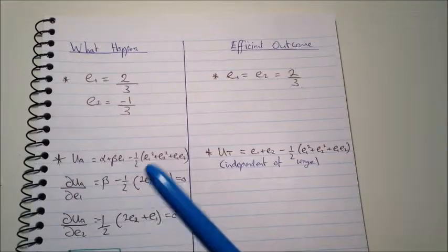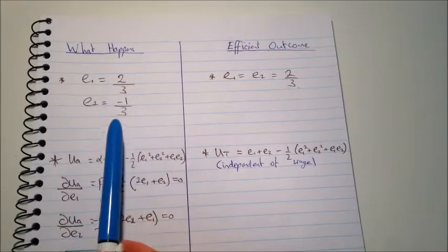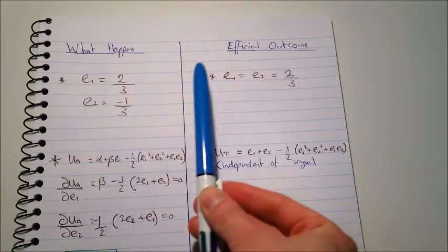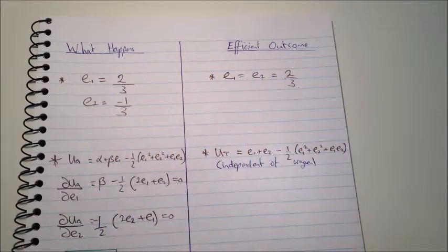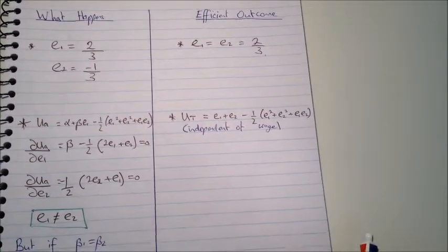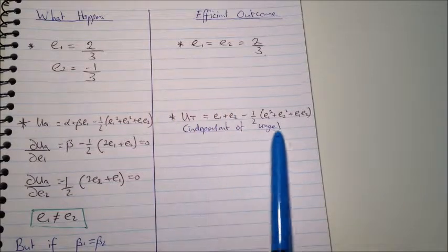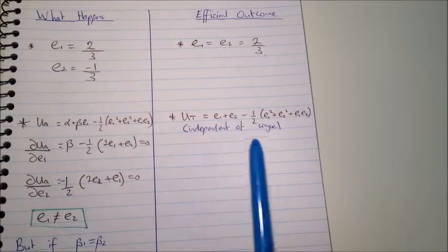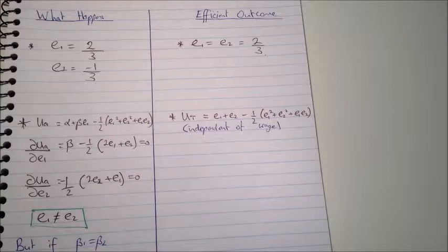So we notice that what actually happens with regards to the effort levels is not, in fact, the efficient effort level outcome. So why is this the case? Well, firstly, it's important to notice that the total utility function is independent of the wage.